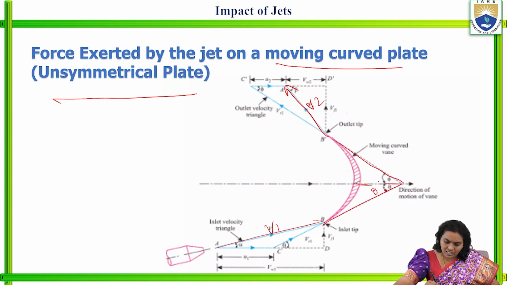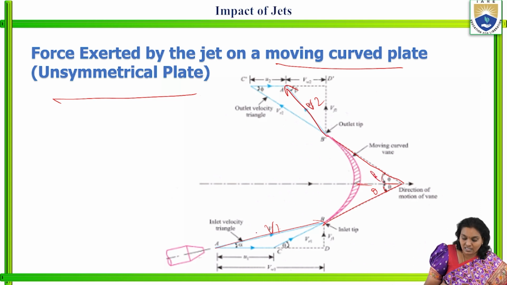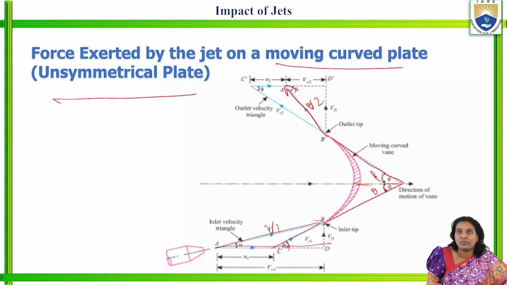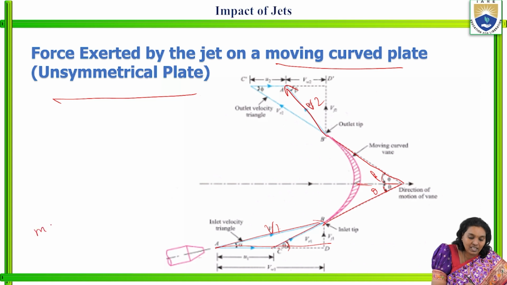Here that is theta, and here that is pi at outlet. So the water enters like this. So this is equal to relative velocity. Whenever the plate is moving, in the moving plate condition, we consider relative velocity.